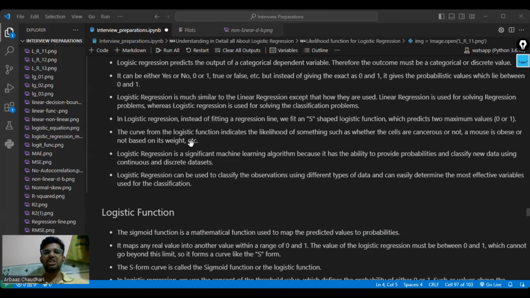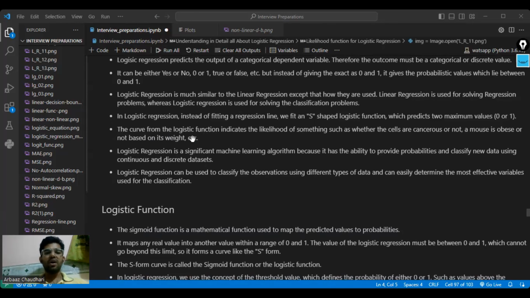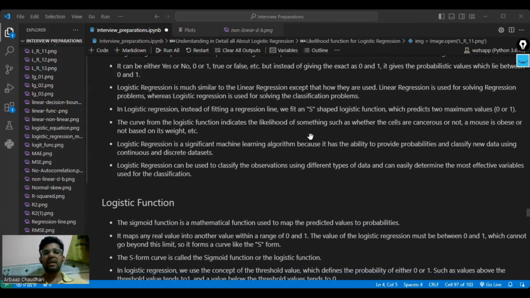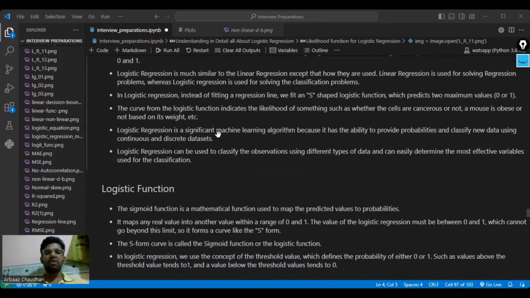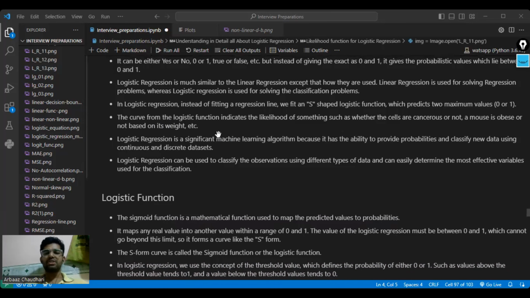Because of this S-shaped curve, we get values in the range of 0 to 1. The curve from the logistic function indicates the likelihood of something. So the two classes we discussed, spam or not spam, cancerous or not cancerous, mouse is obese or not, all come under the binary classification problem.